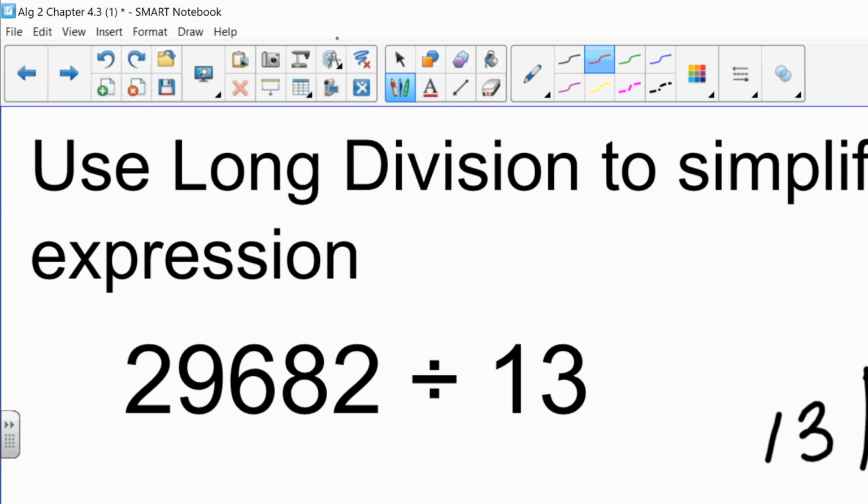Now, what's the first step in dividing using long division? Well, we need to see how many times 13 goes into 2. It doesn't go into it, so we can look at how many times 13 goes into 29. 2 times. And then we can say 2 times 13 is 26.